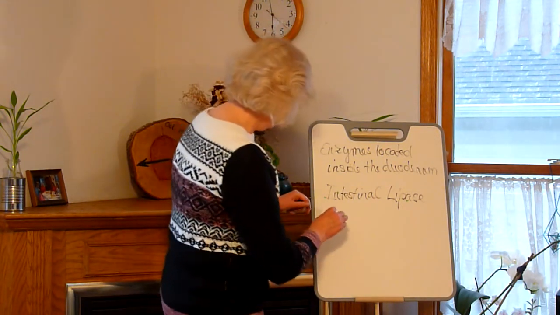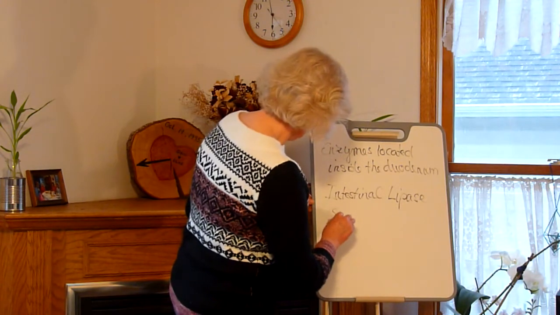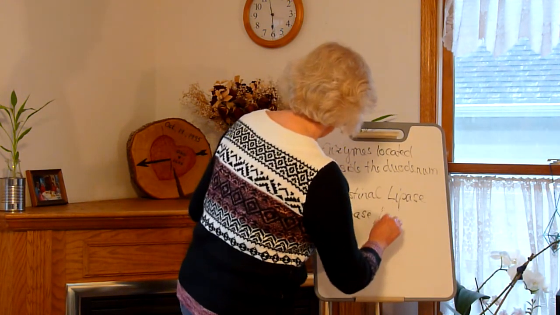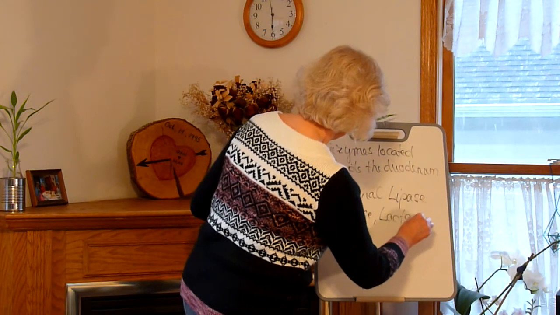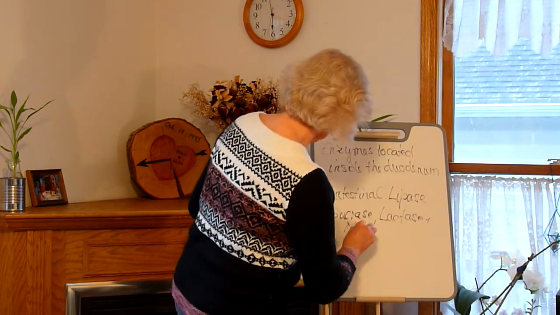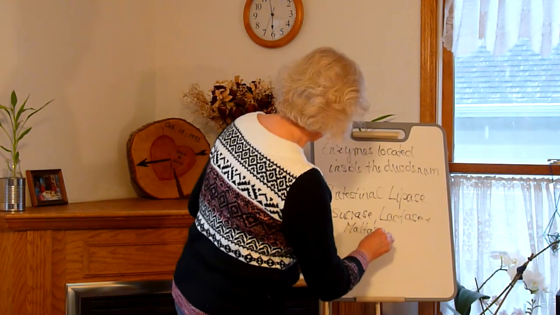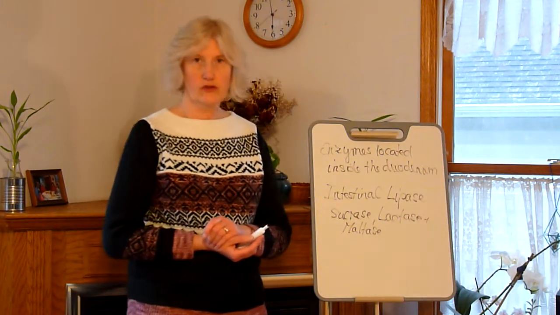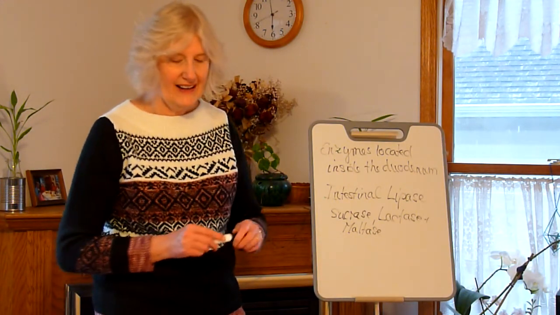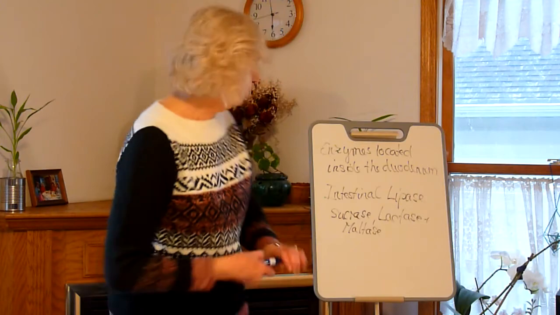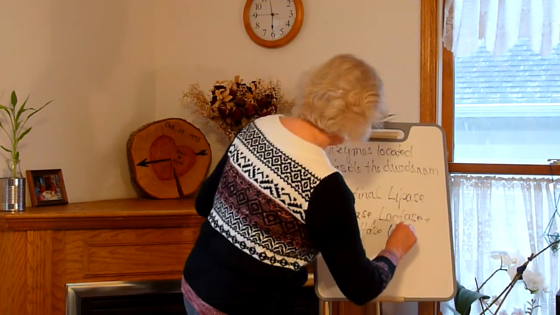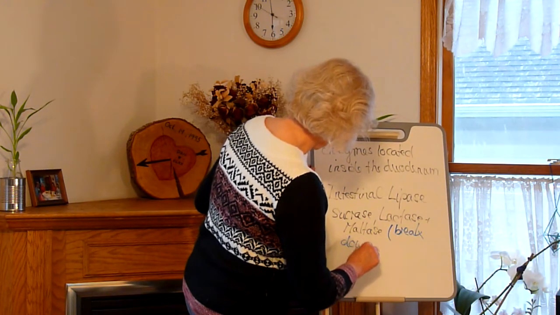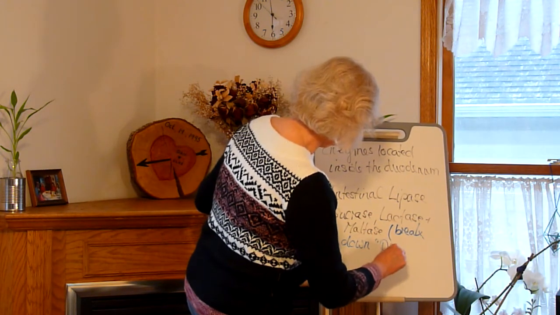Then we have a group of enzymes called sucrase, lactase, and maltase. These enzymes break down short sugars, also called disaccharides. So we want to note that they break down disaccharides.